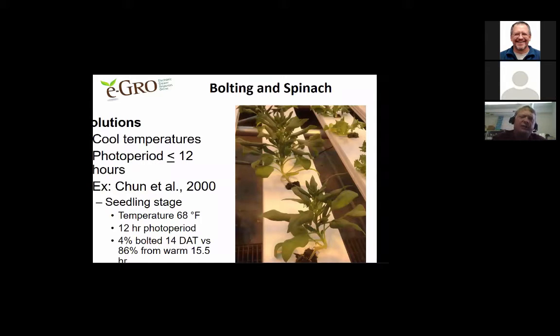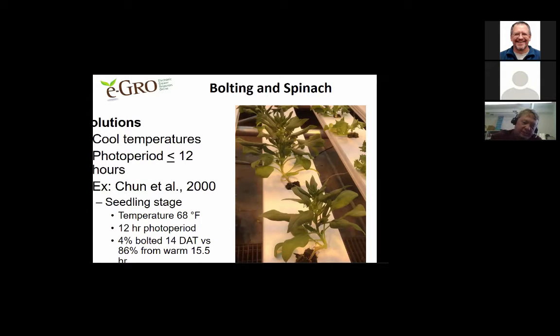And there's a nice paper about some research in Japan where they actually looked at growing spinach seedlings in a controlled environment before transplanting into the field. And during the seedling stage, they grew plants under a temperature of 68 degrees Fahrenheit with a 12-hour photoperiod.